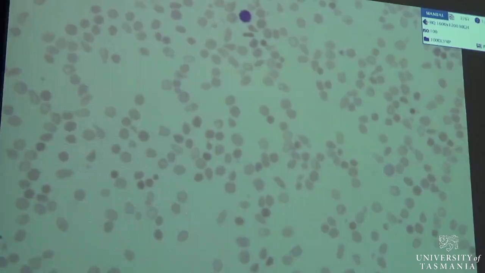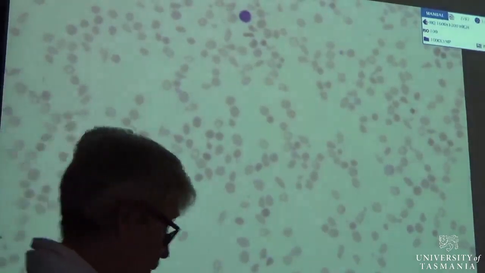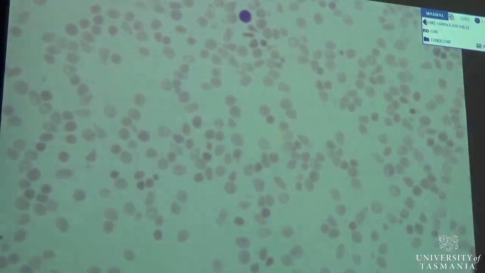The other thing that was in this film too was the fact that we had 20 nucleated red cells per 100 white cells. So guys, did you do a corrected count? What did you get? 4.8. So 4.8, so 4.7, 4.8, something around there would be right.